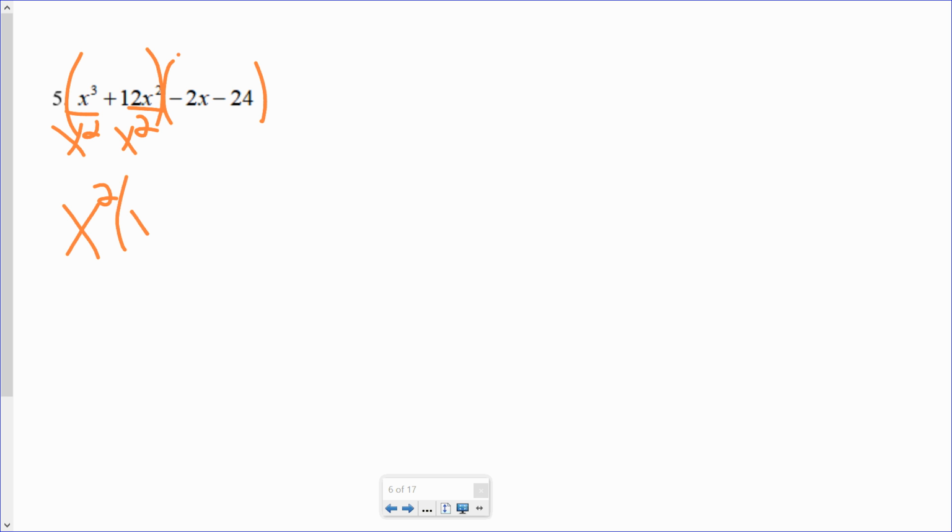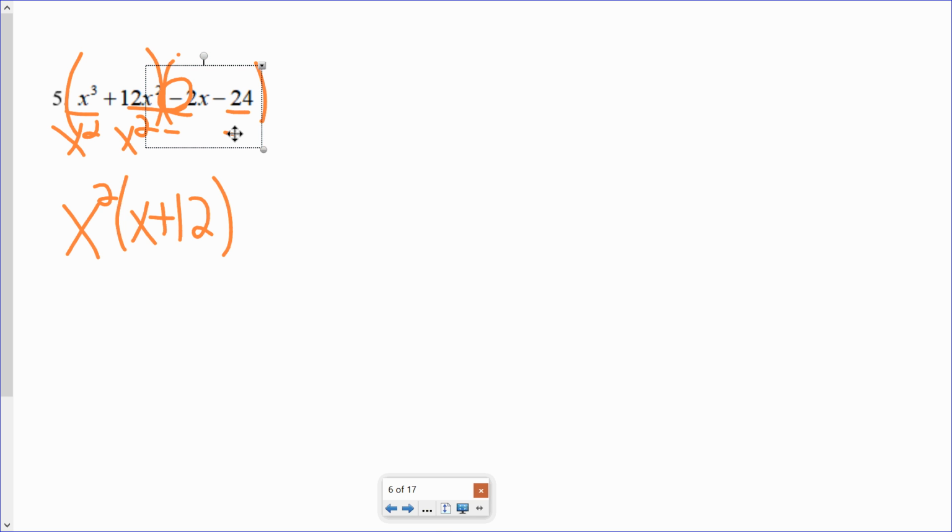Now there is a little bit of a twist here. If there's a minus here, we have to factor a negative out of the second group. Otherwise, the like terms are not going to have the same sign and won't be like terms. So the GCF of the second group is 2.